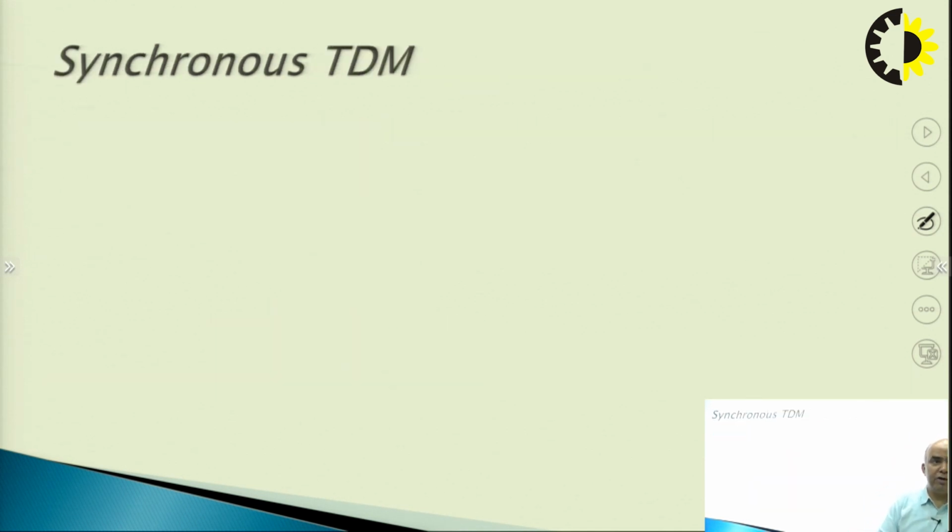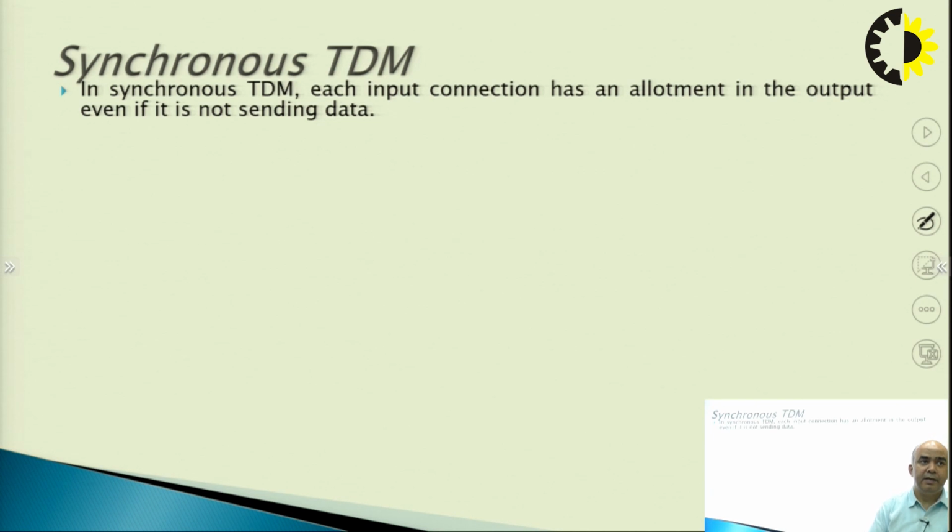In synchronous time division multiplexing, each input connection has an allotment in the output even if it is not sending data. As already discussed, if any node is sitting idle and not transmitting data, it is still forced to transmit in TDM.